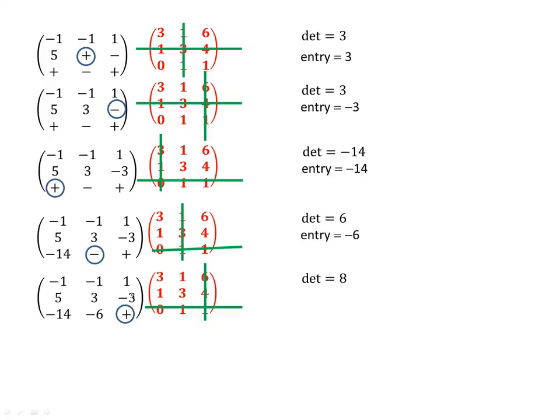The entry at the moment is a positive, so we keep the sign of the determinant. So the sign of the entry will be 8. So the cofactor matrix there is minus 1, minus 1, 1, 5, 3, minus 3, minus 14, minus 6, 8.